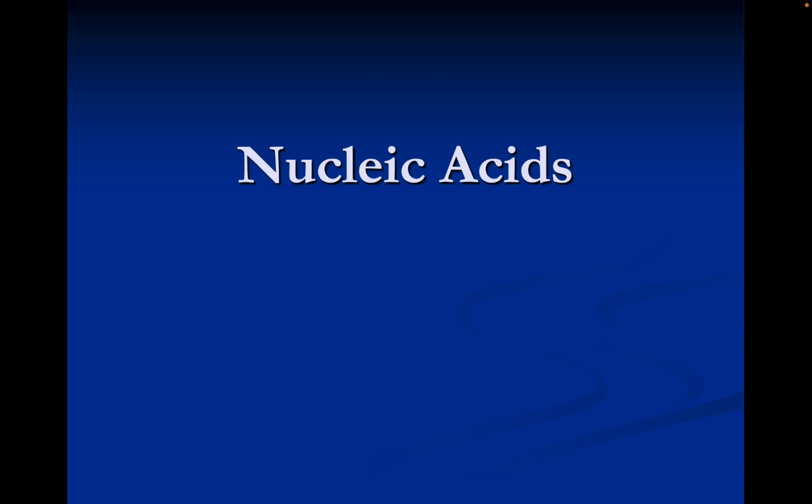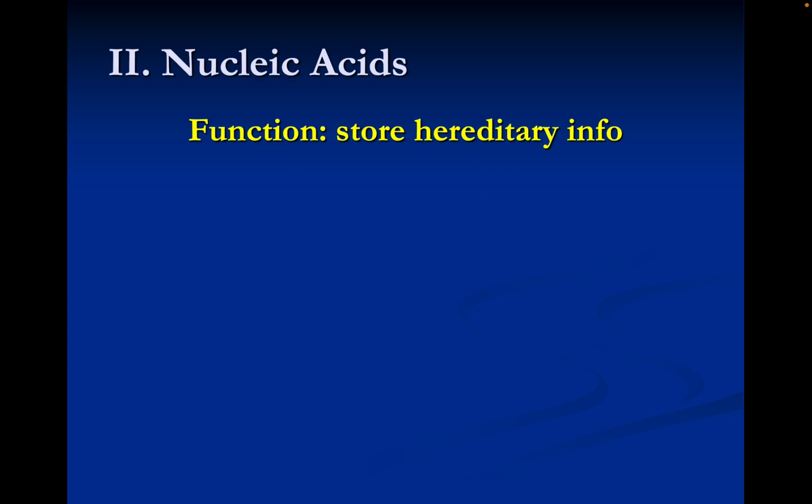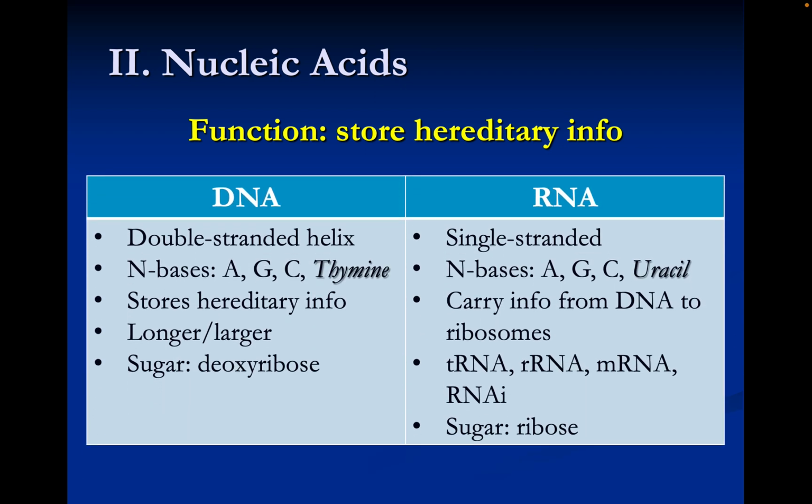All right, the next type of macromolecule we're going to talk about are nucleic acids. Nucleic acids' job is to store genetic information. And there are 2 different types of nucleic acids. We have DNA and RNA. And DNA is double-stranded in a helix.